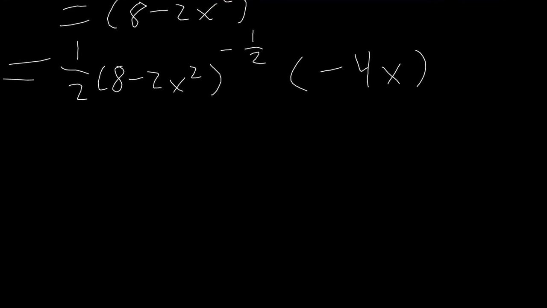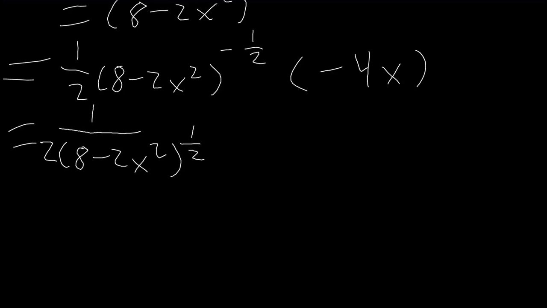So let's simplify this a bit more. So this is going to be, noticing that the 8 minus 2x squared to the power of negative a half is in the numerator with the 1. If we bring it down to the denominator, this will be to the power of positive a half. So it's going to be 1 over 2 parentheses 8 minus 2x squared to the power of a half and times negative 4x.